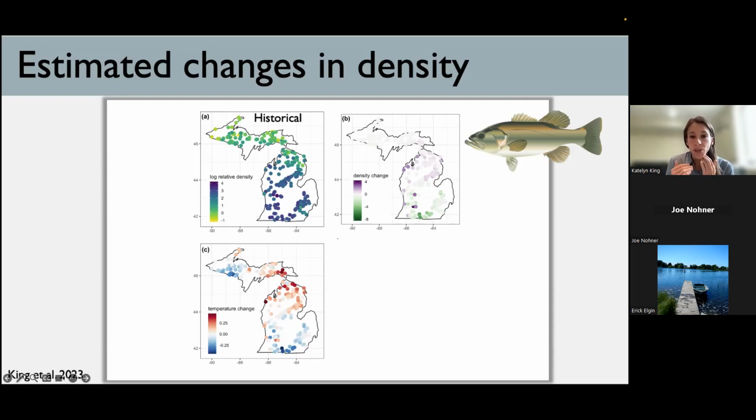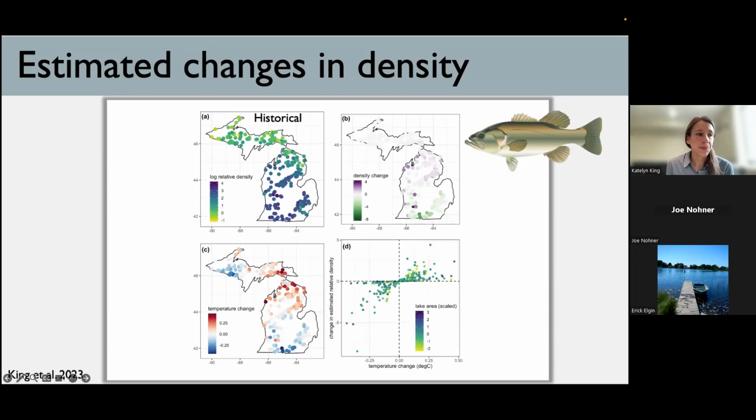But we know that temperature was not the only thing that had an effect, right? So lake area also had a big effect on species abundance. So I looked at this plot, which shows you temperature change here on the bottom axis. So that's the change from the historical to the contemporary period.